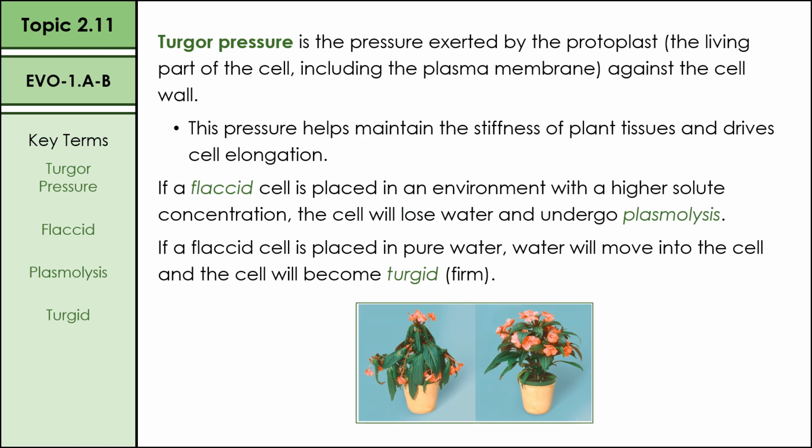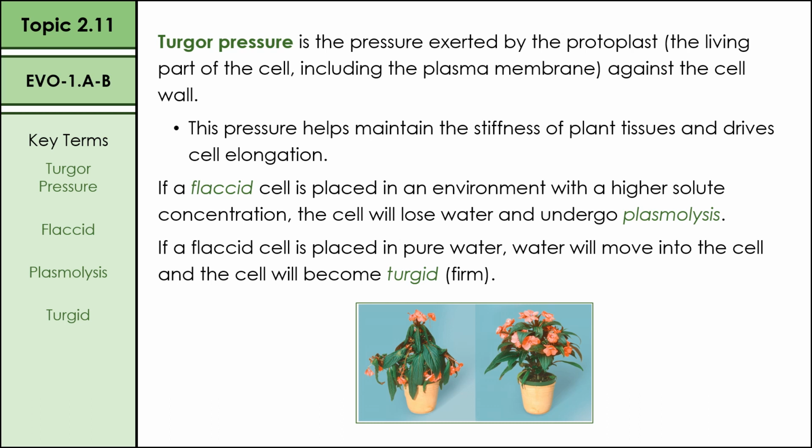Okay, let's wrap up the discussion on water and how it moves by talking about plants. Because with their cell walls, the plant cells interact with the movement of water slightly differently than we would see in our animal cells. So they exhibit what we call turgor pressure.